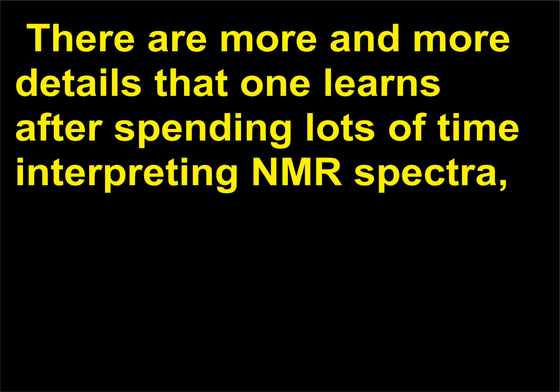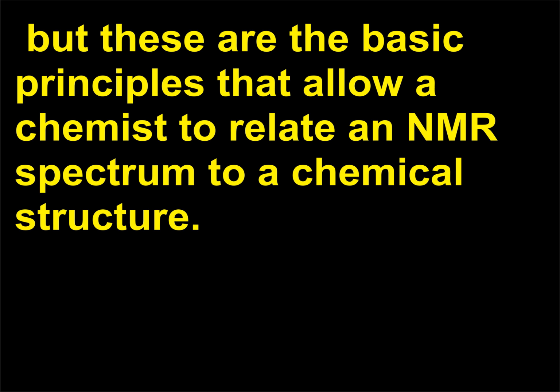There are more and more details that one learns after spending lots of time interpreting NMR spectra. But these are the basic principles that allow a chemist to relate an NMR spectrum to a chemical structure.